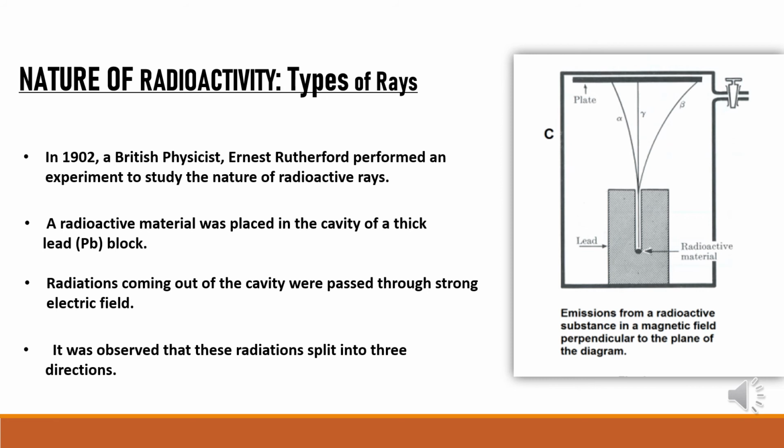You can see in the diagram the radioactive material placed in the lead block, and the lead block was placed between two oppositely charged plates, and a photographic plate is fitted in the setup to receive the deflection of different rays. So the radiations coming out of the cavity were passed through a strong electric field.